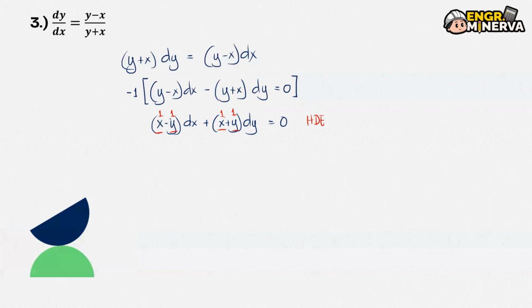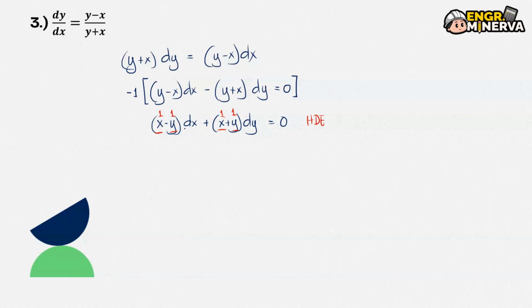Next, I will find first which of the following is the least complex. Based on this, we have two terms on each of the coefficients of the differentials. So, in the concept of the least complex, both coefficients have two terms, so you can have either of the two.